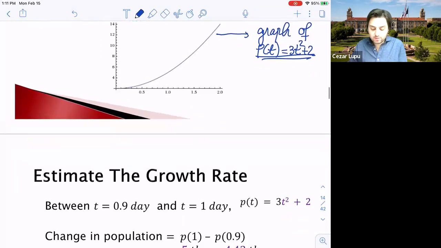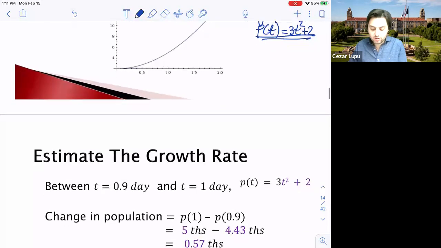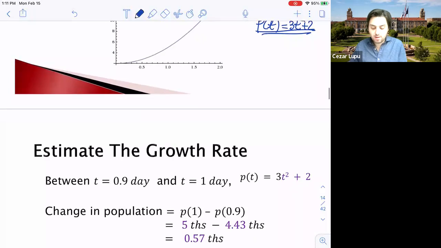We see that the change in population will be P of 1 minus P of 0.9. The only difference is that now I have the population function of t; before we had the position function.